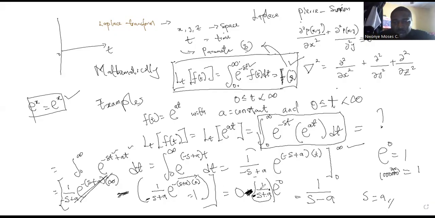Then that is why we have 1 all over minus S plus A. But there is a negative because the condition for integration says you should take the function when you substitute the upper minus the lower, and that is why you have negative here. So that's why your result is plus A minus A, while your S remains positive.